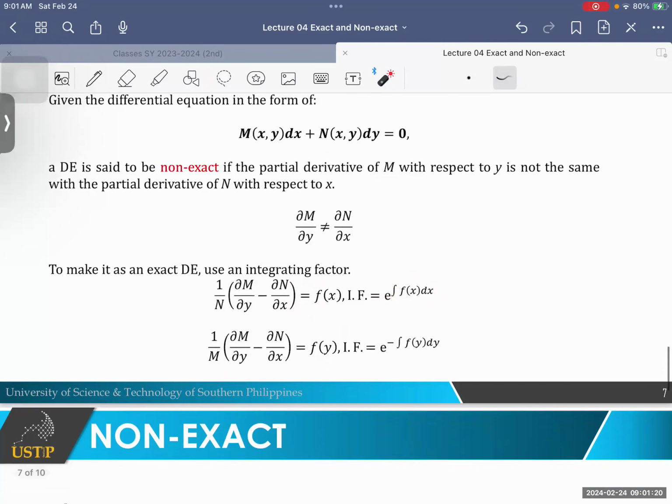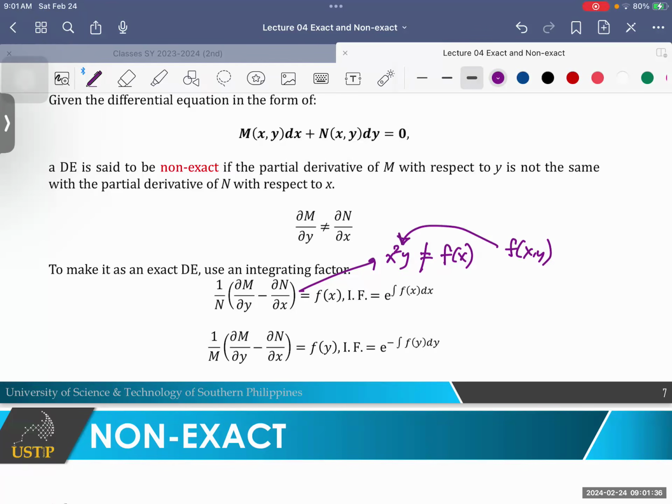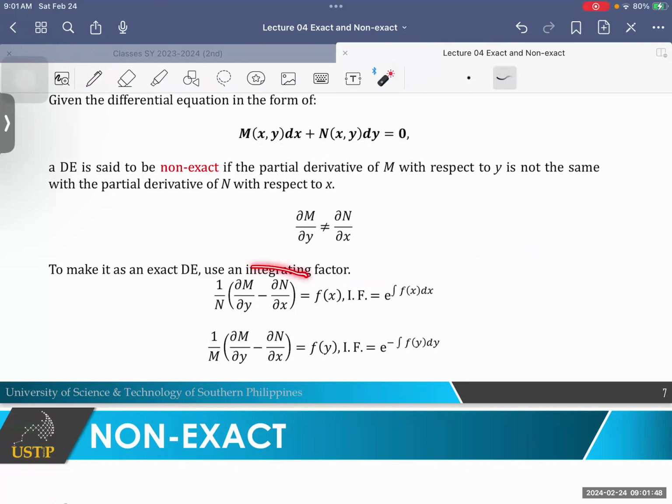Okay? If it is not equal, meaning, class, for example, if you manipulate this and solve that one, you will get something like x squared y. And this is not a function of x; that is a function of x and y. Okay? That x squared y. So, meaning, we go to the second. If you cannot satisfy the condition of being a function of x, then go back.